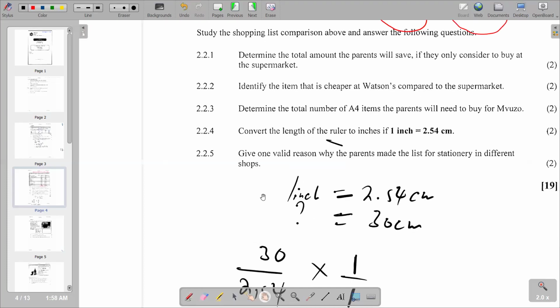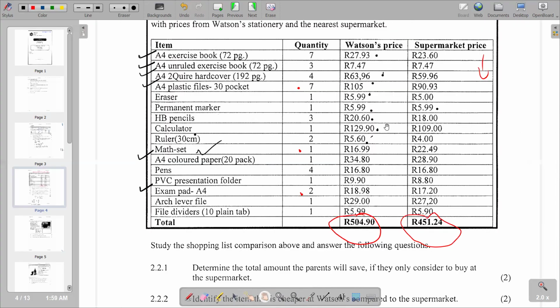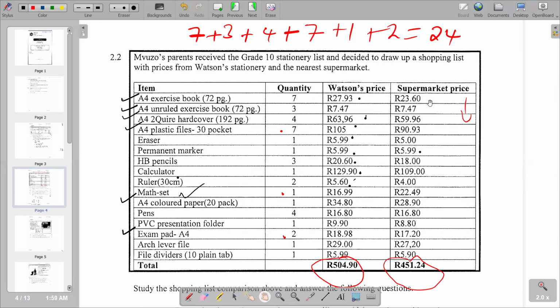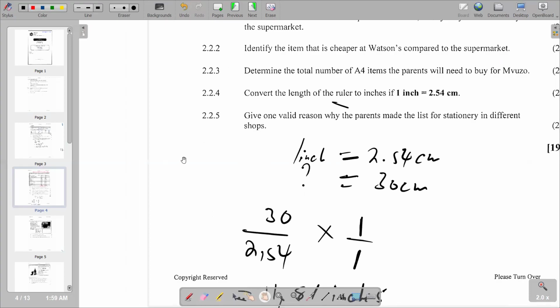So we go to the next part of our question, which is saying, give one valid reason why the parents made the list for stationery in different shops. So we are saying, why are we having a list of what's on price, and then we put supermarket price? So obviously, it's for comparison sake. That's the main reason that we can try to break down.